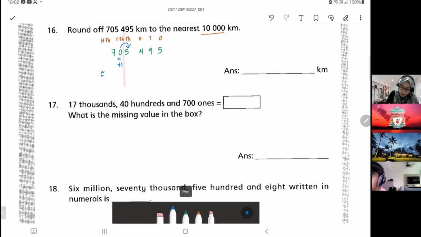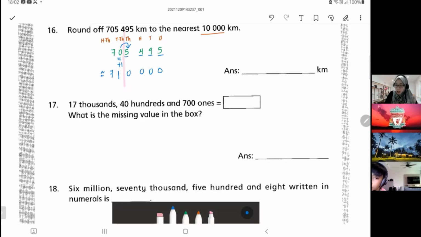So 7 remains as 7, 0 plus 1 becomes 1. Then all these numbers behind that line will become 0, 0, 0, 0.